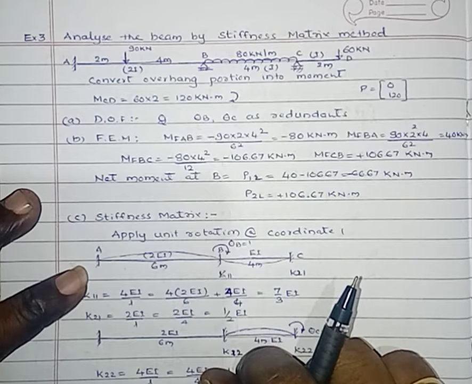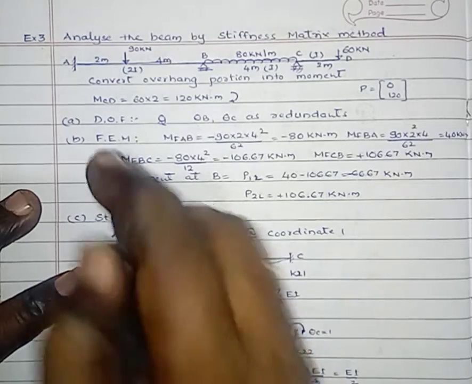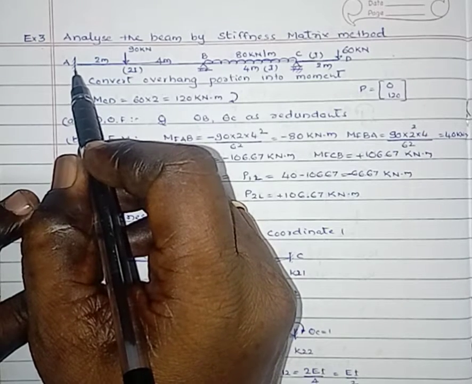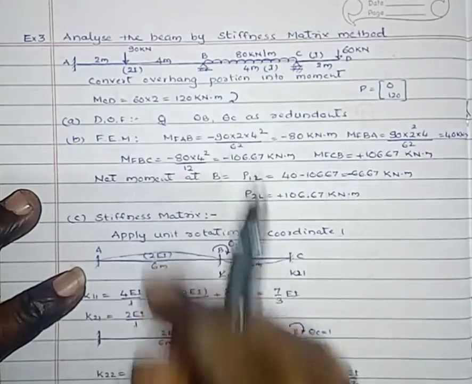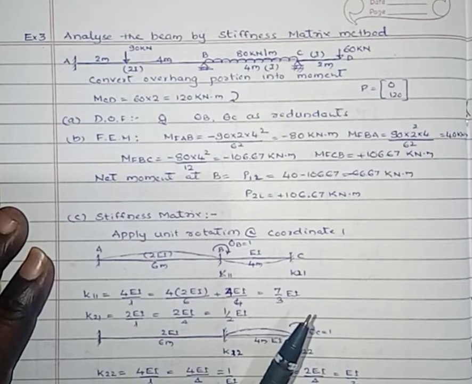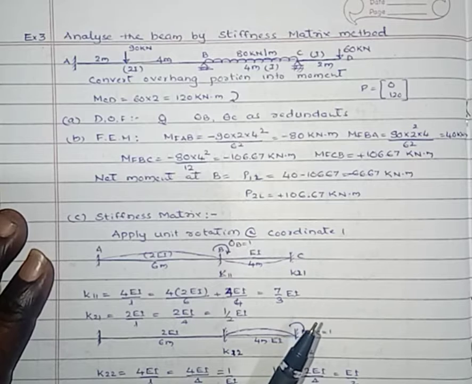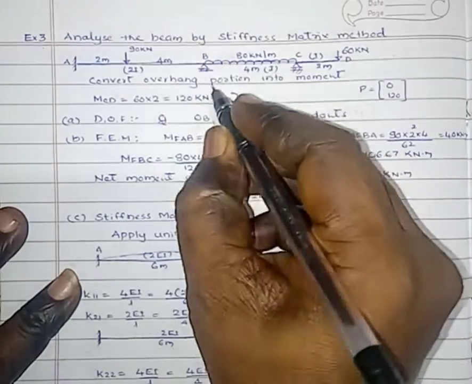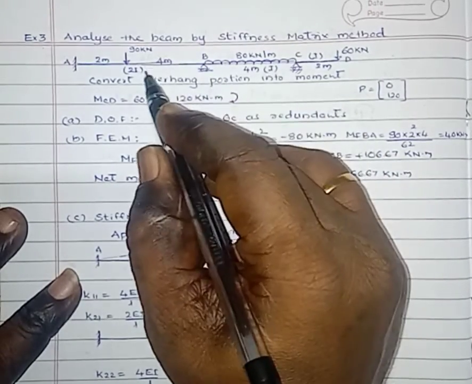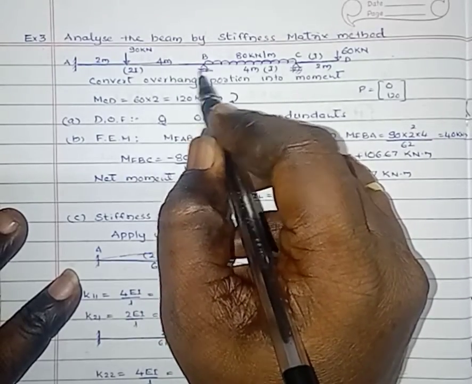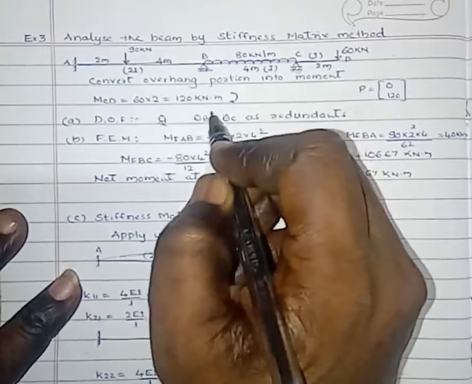Then first we have to find the degree of freedom. You know that at A there is a fixed support. At a fixed support the degree of freedom is 0, neither permitted to move nor to rotate in any direction, hence the degree of freedom is 0 at A. At B, it permits rotation of the end of the beam on both sides, BA and BC.